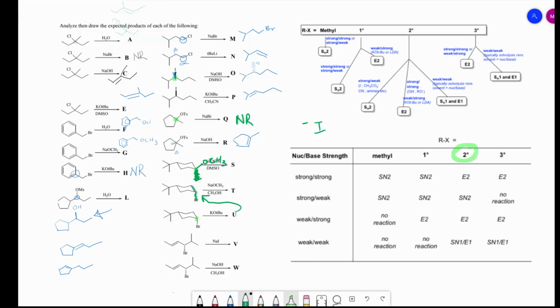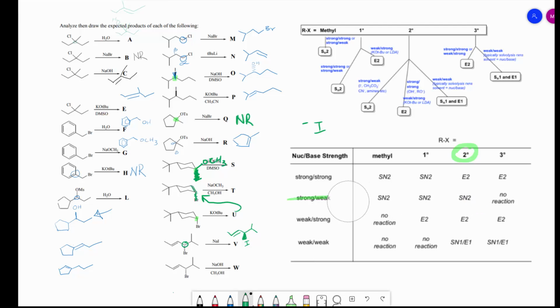It is a weak base. Because it is a strong nucleophile and a weak base, and we have a secondary alkyl halide, we're going to form the SN2 product. So the SN2 product would look like this. Remember to flip your stereochemistry if you have an asymmetric center.